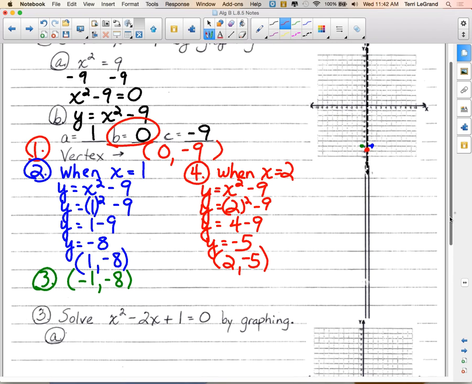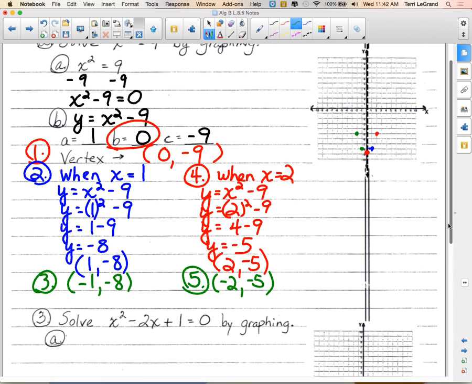So 2, -5, that's what I got. That one gets reflected to -2, -5.